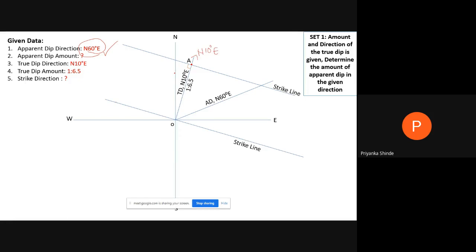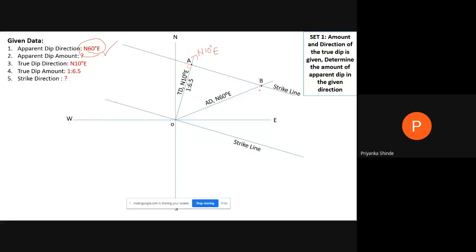Always we need to remember that we mark the angle from north, taking north as 0 towards east. So from north 0, 10, 20 and up to 60 degrees we are going to mark. That is the given apparent dip direction. Now this line of north 60 degree east, where it meets the strike line, that point is the required answer.